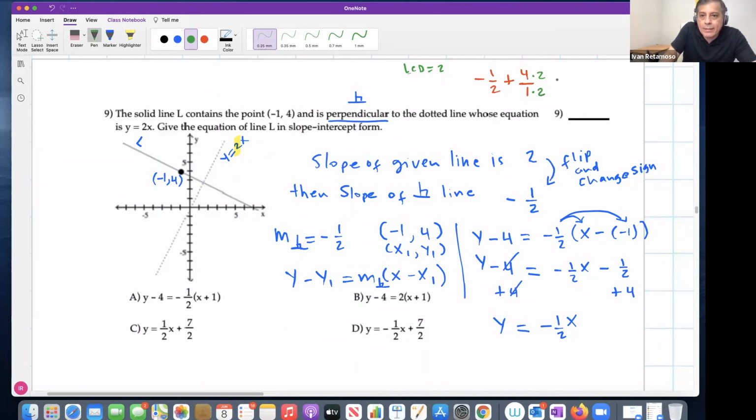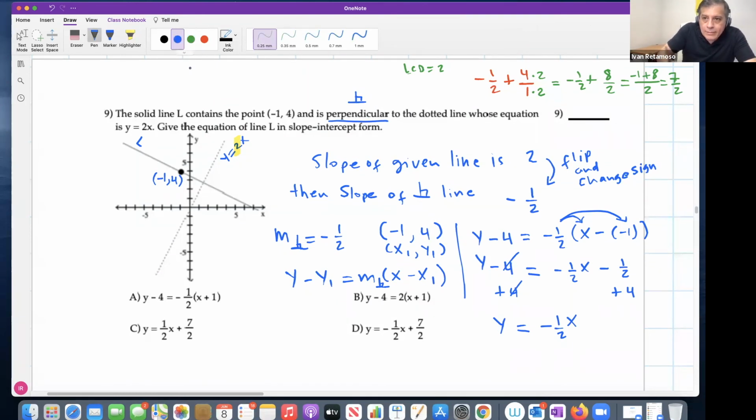So multiplying both by 2, we get minus 1/2 plus 2 times 4, 8 over 2. Common denominator 2, minus 1 plus 8 on the top. But minus 1 plus 8 is 7. So this should be 7 over 2. So that 7 over 2 is what you have to write here, plus 7 over 2.